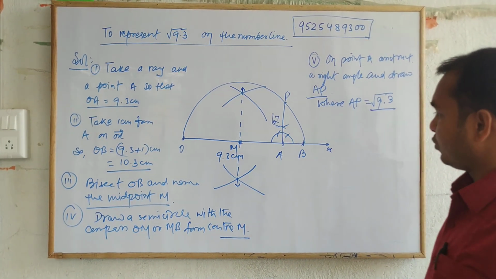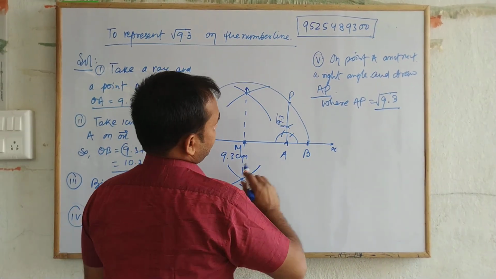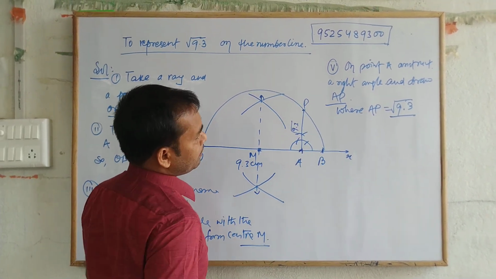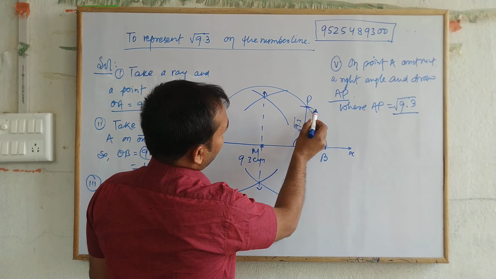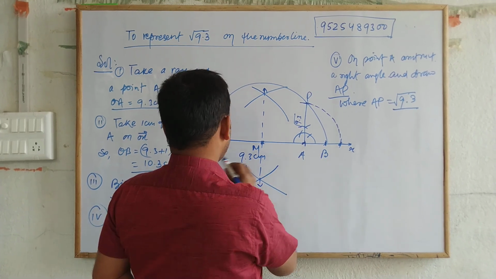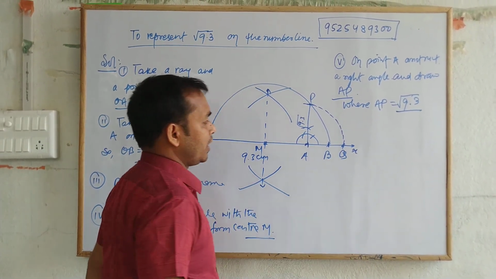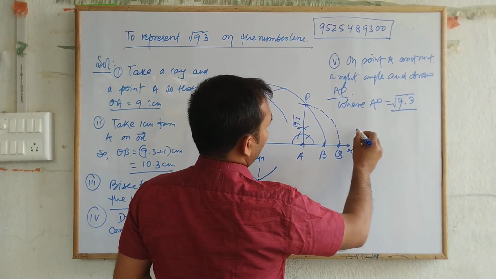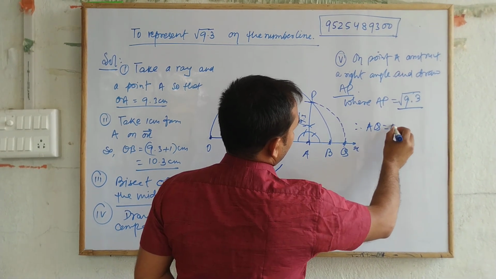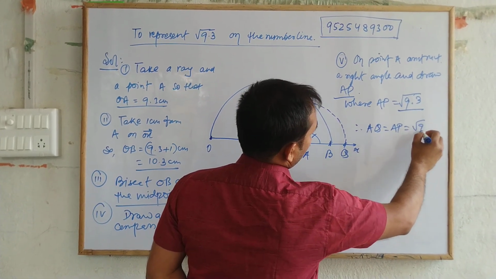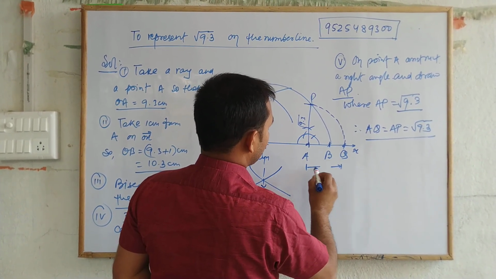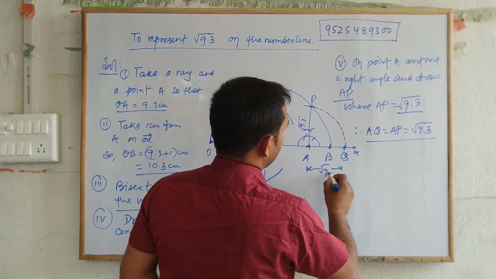Now take the compass equal to AP and draw an arc that intersects OX at point Q. Therefore AQ is equal to AP, which is equal to root under 9.3.